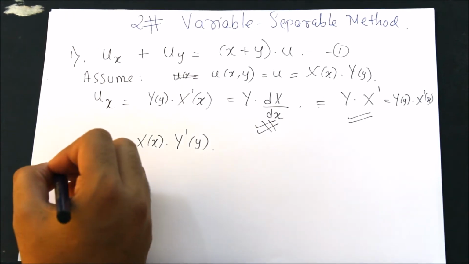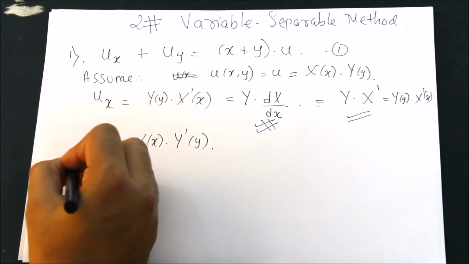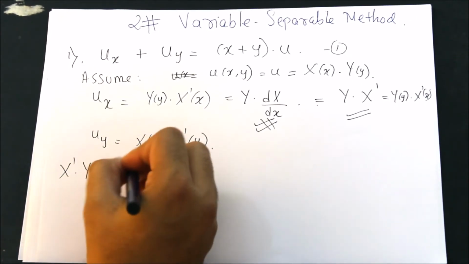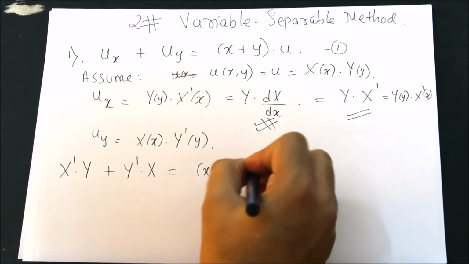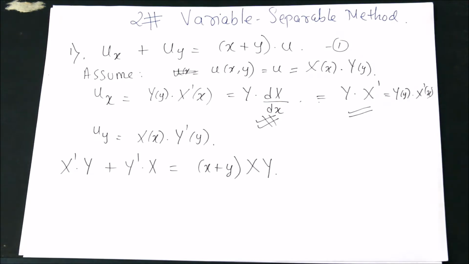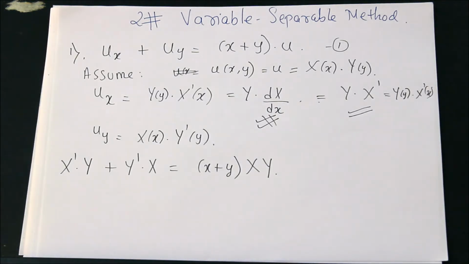So what do I get? X dash into Y plus Y dash into X equals (x plus y) into XY. Make sure my small x and small y are independent variables, and my capital X and capital Y are functions of x and y respectively, so don't get confused with the notations.